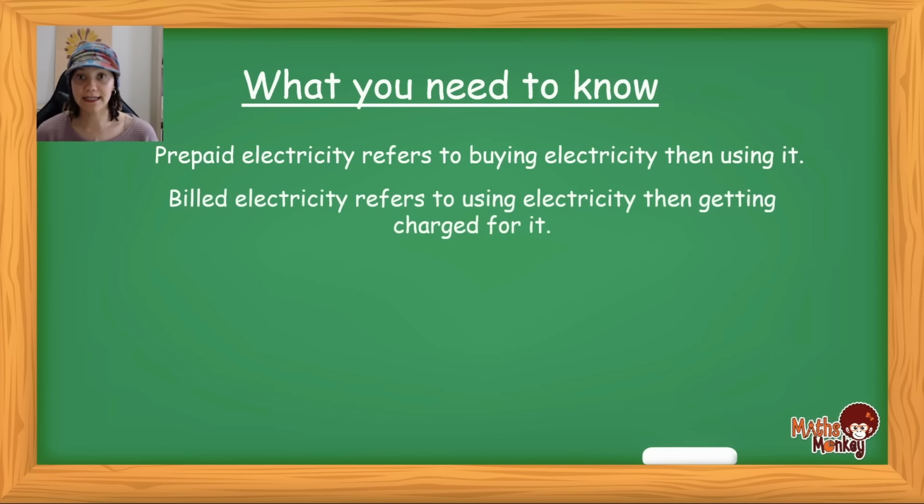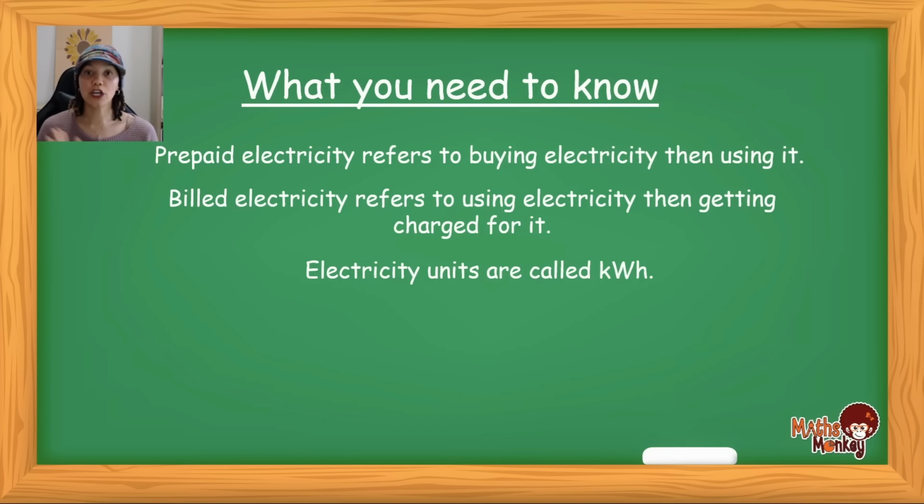Then we have billed electricity. Some people use billed electricity, and that just simply means that you use the electricity for the month, and then at the end of the month, you get a bill for it. Then electricity units. When you're dealing with measurement, you're dealing with centimeters and meters, and all of these things have different units.